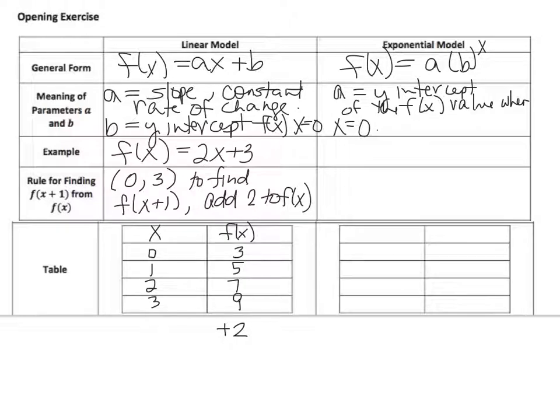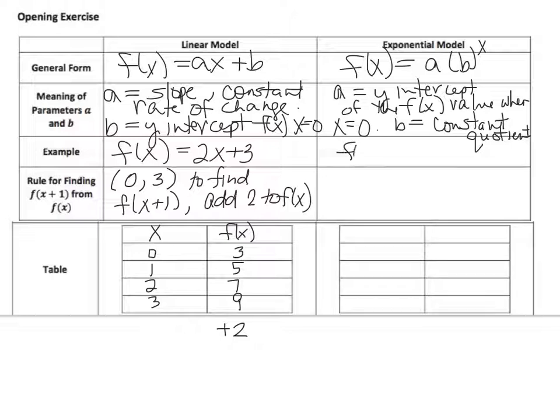We also called it our initial value. And then b is the base or the constant quotient. We calculated b, and I'll show you how to do that again.